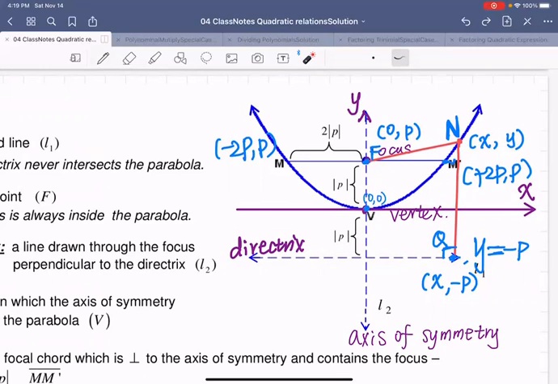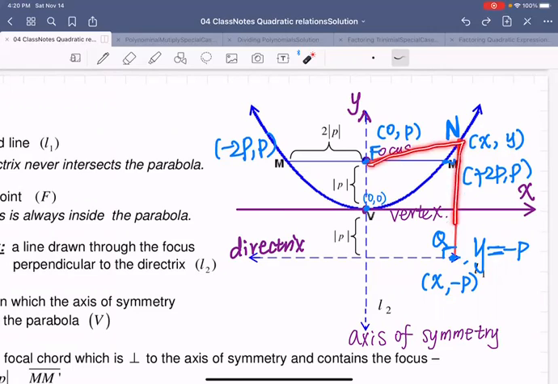In Algebra 1, we learned about parabolas, but we didn't learn the physical definition of a parabola. A parabola is defined as this: any point on the parabola has equal distance from the point to the focus and from the point to the directrix.